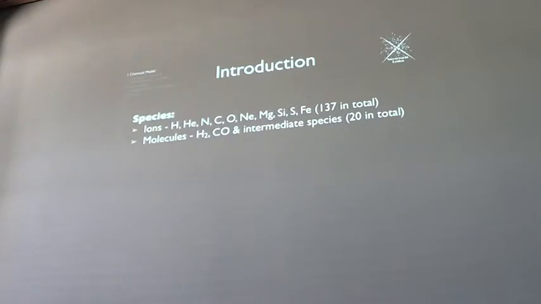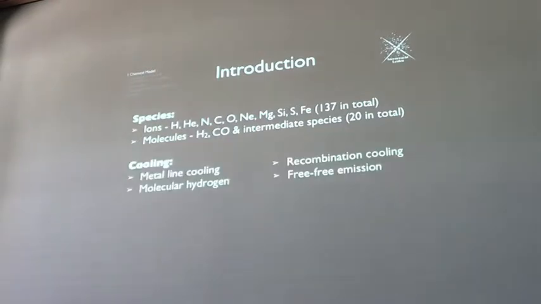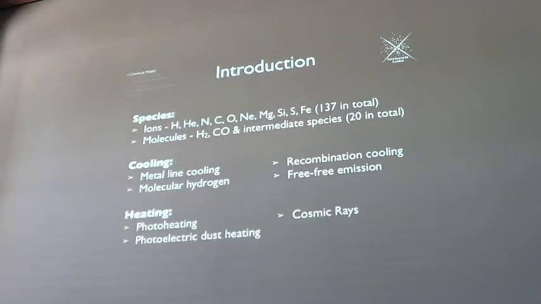Once we have the abundances of all these species, we can then calculate the cooling and the heating rates. Again, there are various physical processes involved here, such as metal ion cooling, cooling from molecular hydrogen and so on, and also various heating processes: photoheating and photoelectric dust heating from the UV radiation, and heating from the cosmic rays.